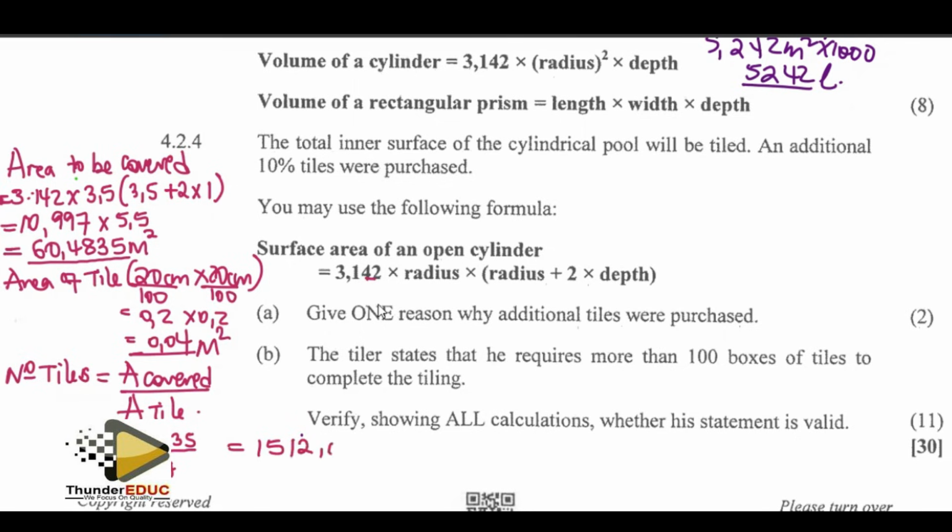Whereby you get the number of tiles will be 1,512 tiles, 0.09. So from this moment, we increase because they said an increase of 10%, an additional.